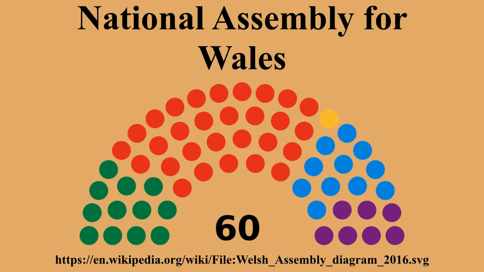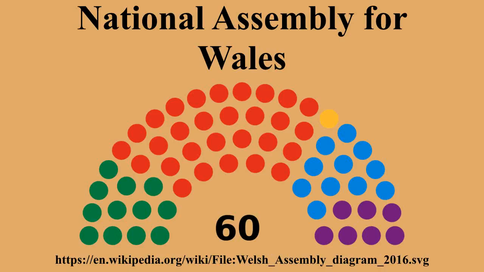Following a referendum on 4 March 2011, the Welsh Assembly gained direct lawmaking powers, without the need to consult Westminster. On 3 July 2012, the Welsh Assembly passed its first act, the Local Government Byelaws Bill.